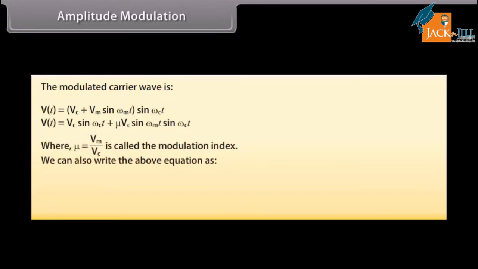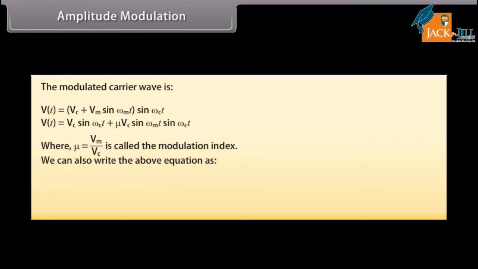The modulated carrier wave is given by v(t) = (Vc + Vm sin ωm t) sin ωc t, which can be written as v(t) = Vc sin ωc t + μ Vc sin ωm t sin ωc t, where μ = Vm/Vc is called the modulation index.